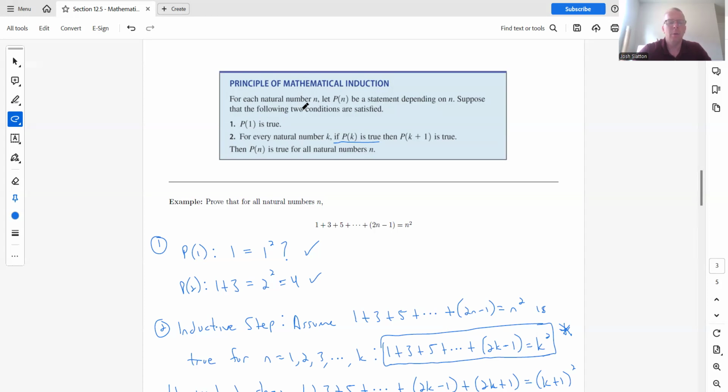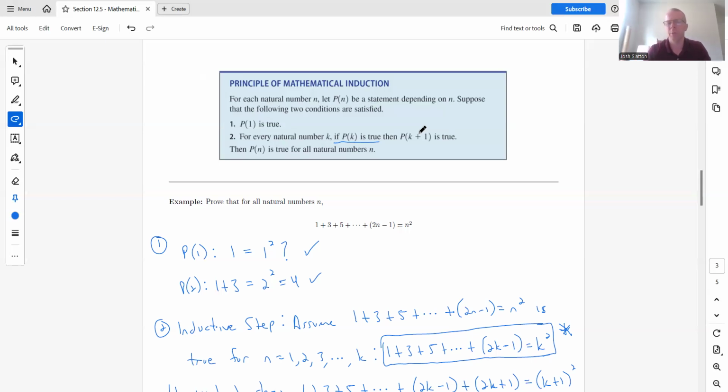And we want to show that if these two statements are true, then P of n will be true for all natural numbers. The first one is that P of 1 is true. So if we plug in 1 for n, we have a true statement. And then if we assume that P of k is true for some number k, then we want to prove that P of k plus 1 is true.